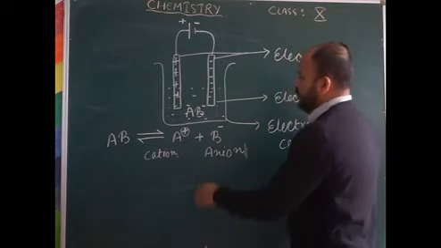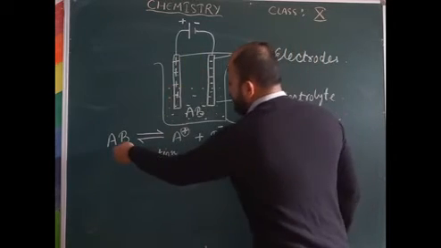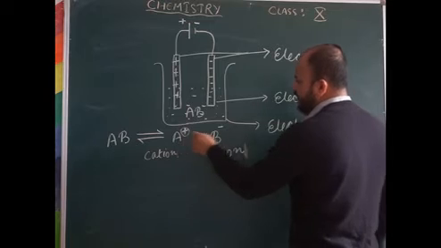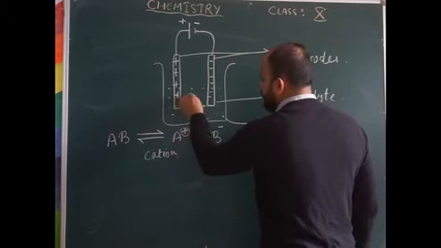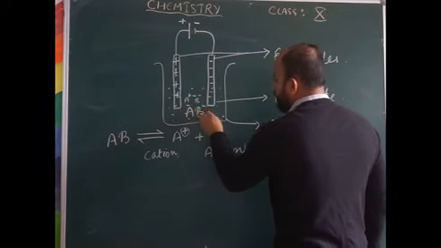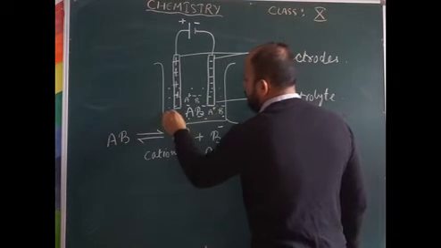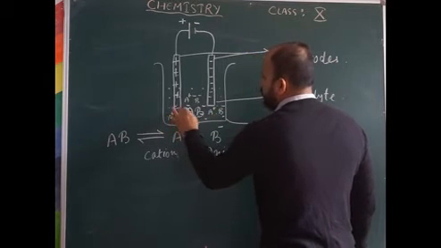Now, as soon as this electric current is passed, AB gets dissociated into A plus and B negative. That means in the solution now you have A positive, B negative, A positive, B negative, and A positive, B negative.